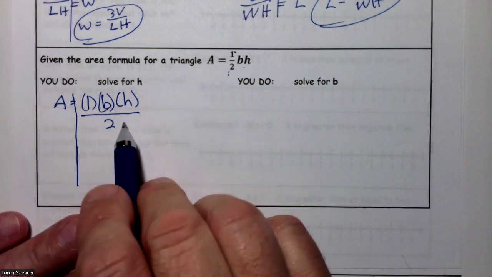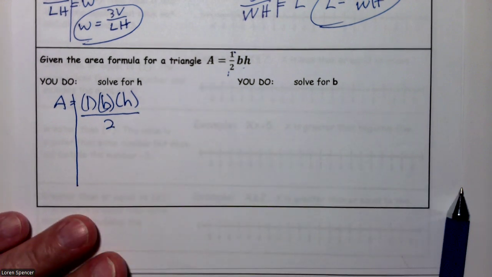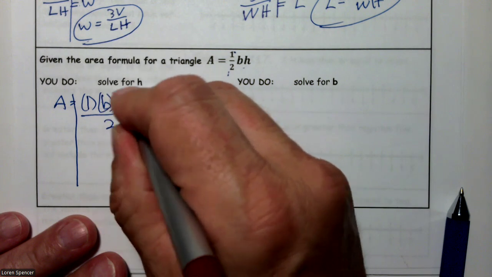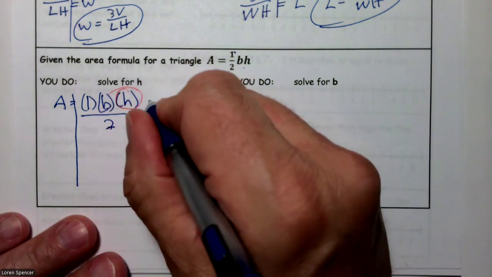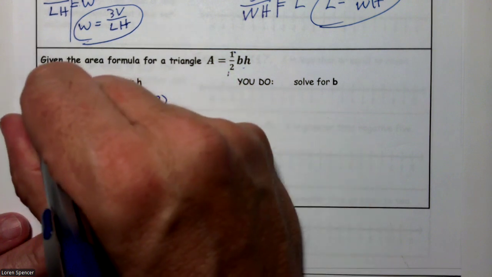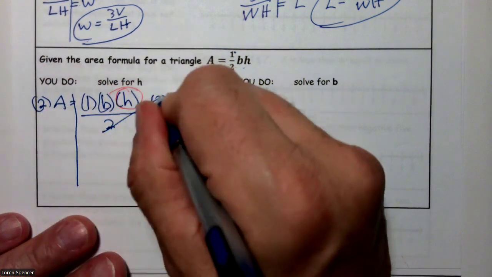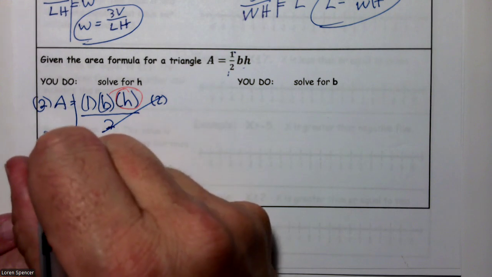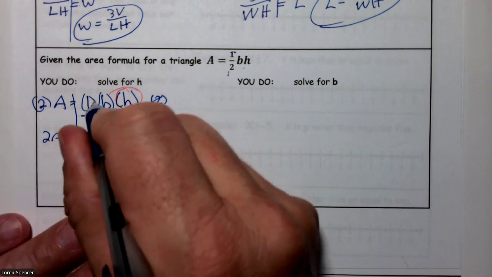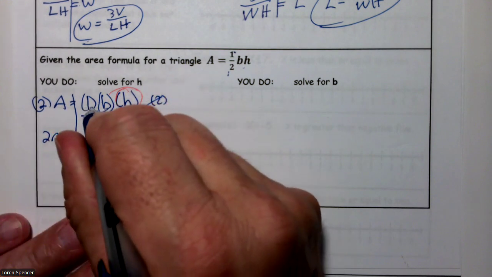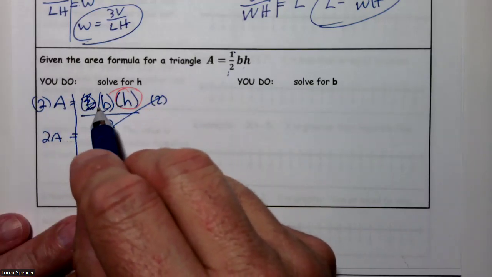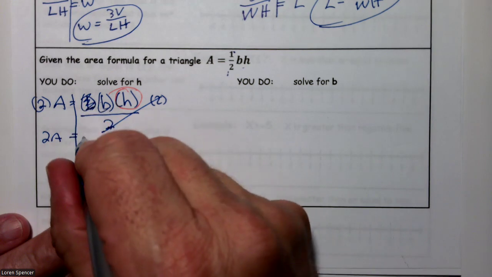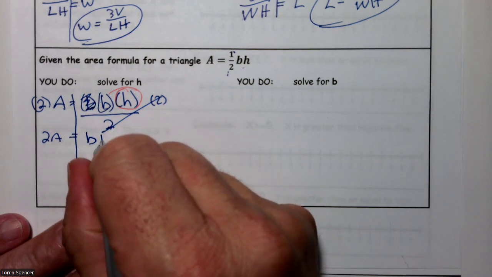Well, what are we looking for? In this case, we're looking for H right here. So the very first thing I'm going to do is get this 2 out of the denominator and put a 2 here. So now I have 2a equals, and do we need a 1 times anything? No, because 1 times 2 is 2, 1 times 3 is 3, 1 times b is b. So now we have 2a equals bh.